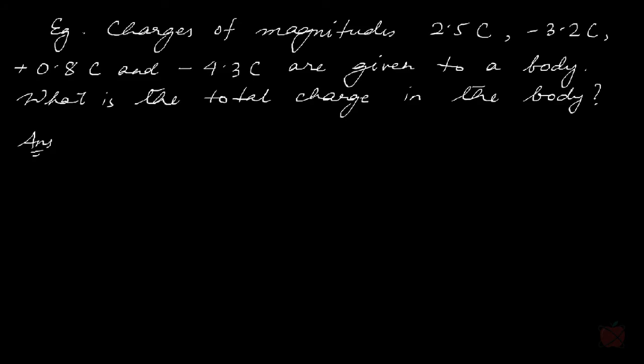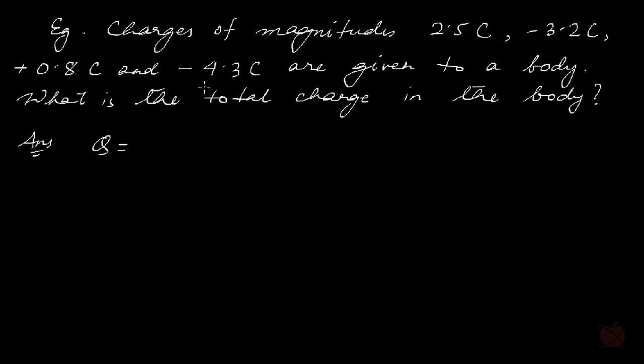All right, so another example. Let's say charges of magnitudes 2.5 coulomb, then minus 3.2 coulomb, plus 0.8 coulomb, and minus 4.3 coulomb are given to a body. What is the total charge of the body? Okay, so the total charge will be just the additive property.